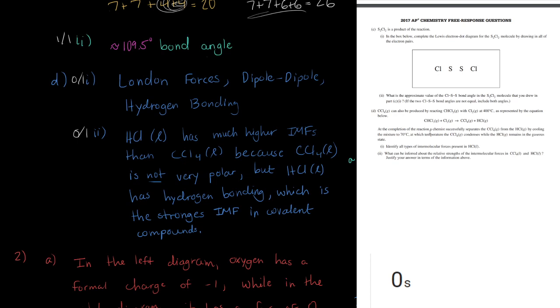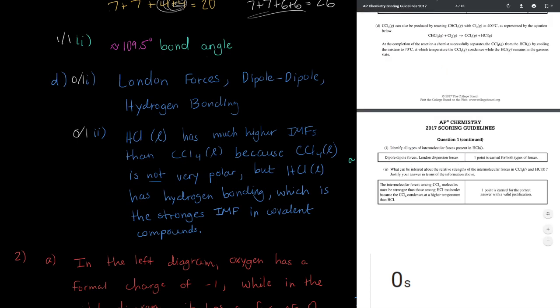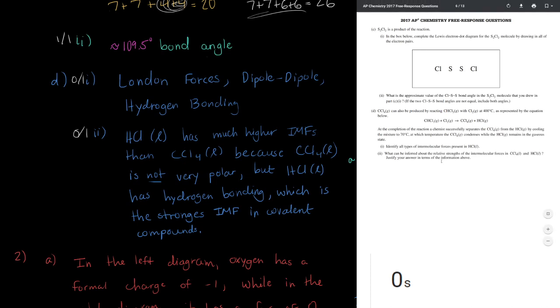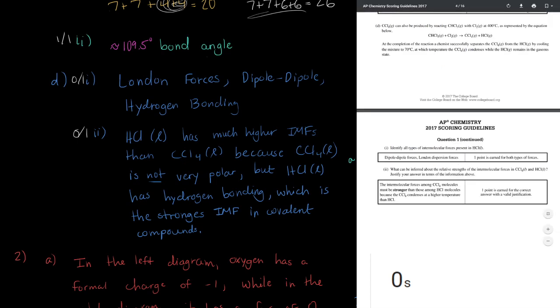So it condensing first meant that it had higher intermolecular forces. I should have known because it asked for justification in terms of the information above, not in terms of the answer above.